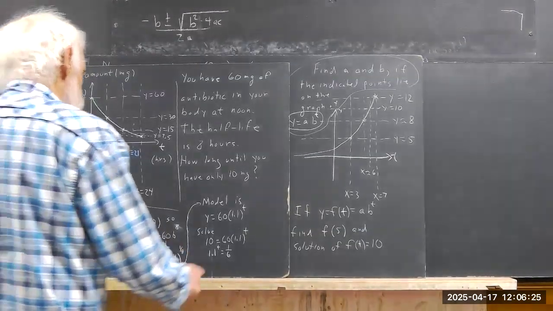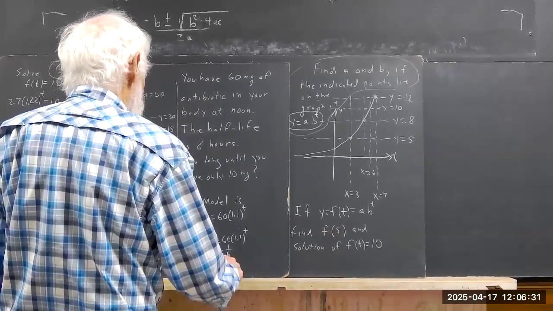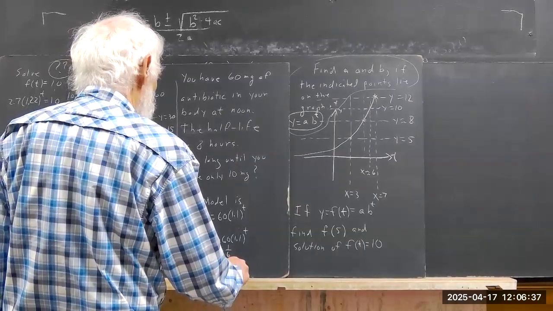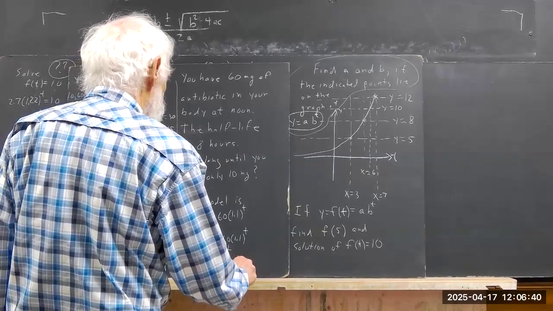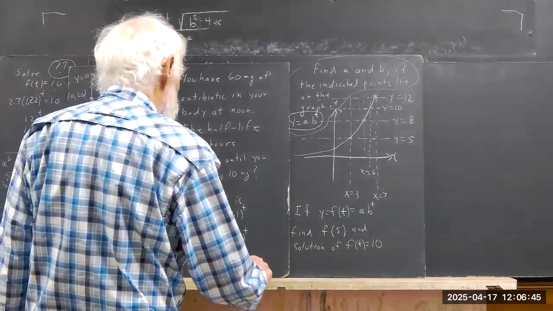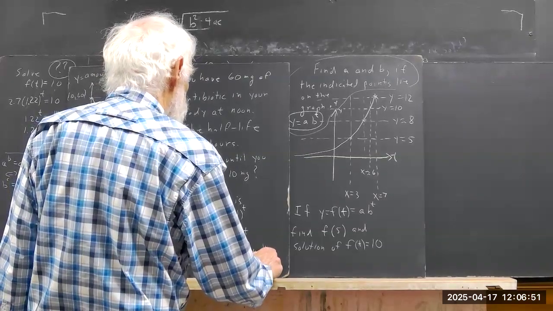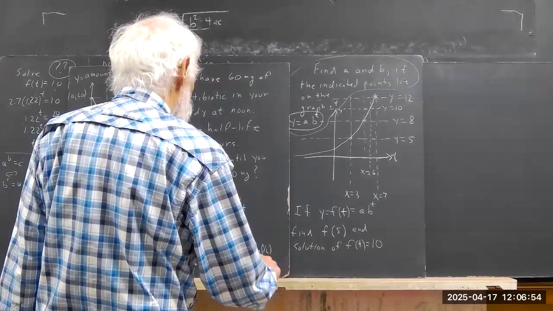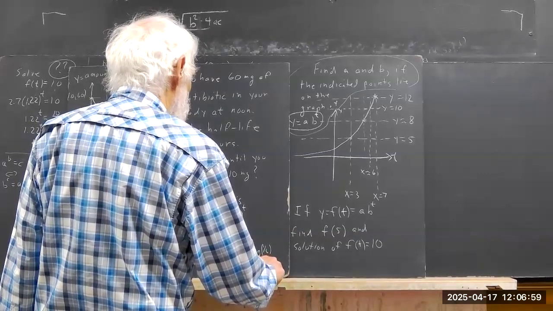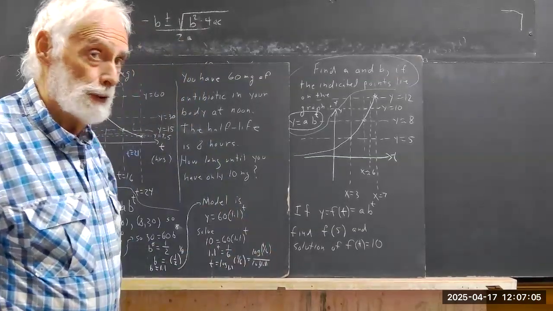So anyhow, in this case, we get t equals log base 1.1 of 1/6, which is the log of 1/6 over the log of 1.1. Now, the log of 1/6 is the log of 1 minus the log of 6.